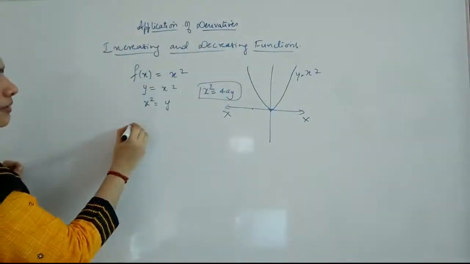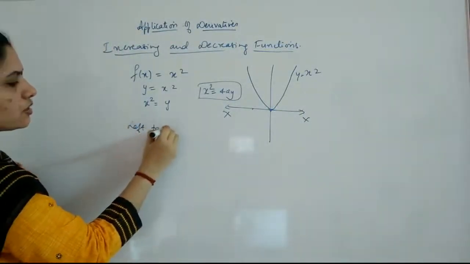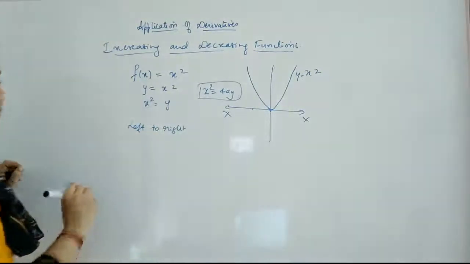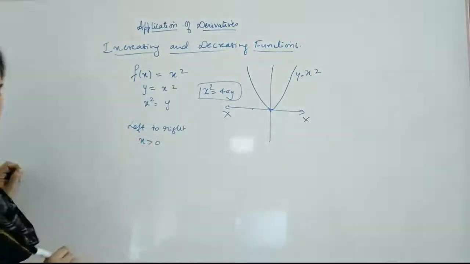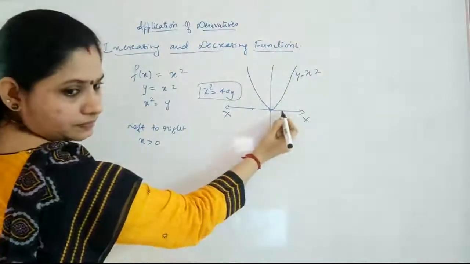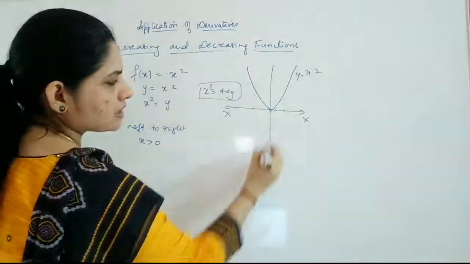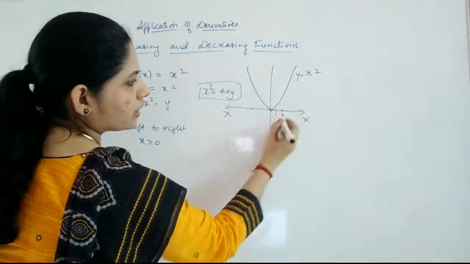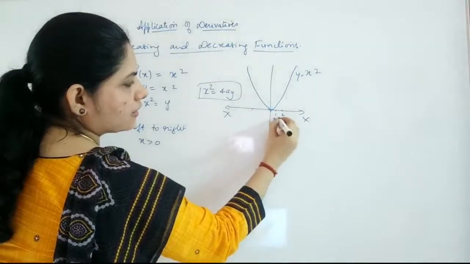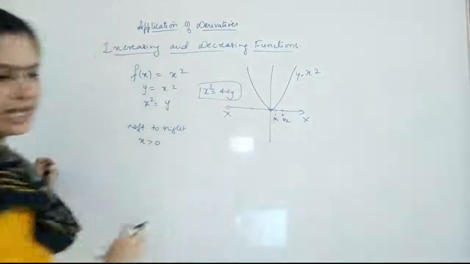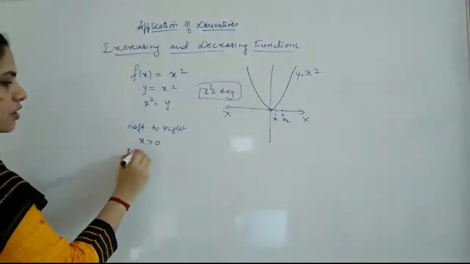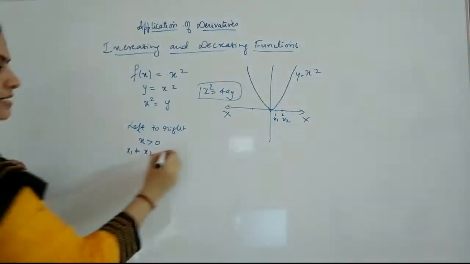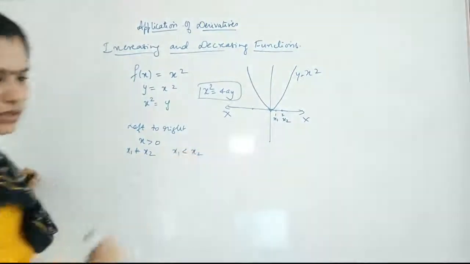When I am going from the left to right, that is when your x is greater than 0. That means this part. So I am selecting 2 points. Suppose this is 1 and this is 2, and let this 1 be your x1 and 2 be x2. So I can just say that x1 is not equal to x2, and x1 is less than x2 also.